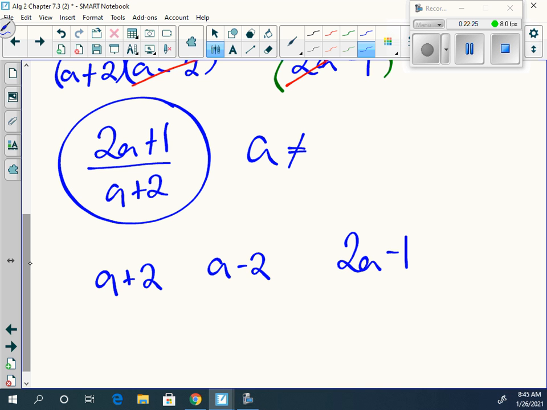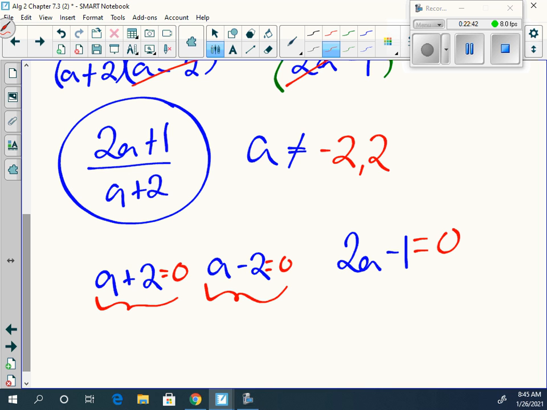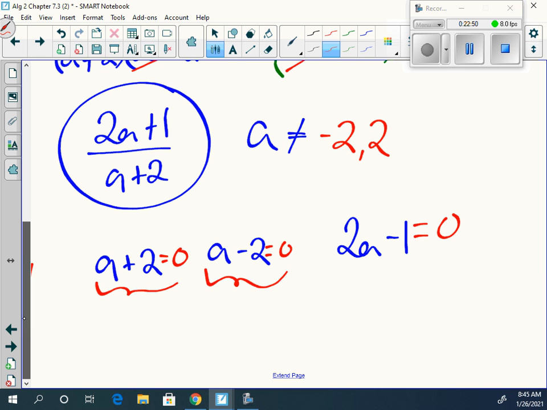So looking at these here, well, A plus 2, if this equals 0, what's our restriction here? Negative 2. If A minus 2 equals 0, well, this one here gives us 2. What about the last one? It would not be 0. So this one here, if it's harder to see, let's just go on and solve it.